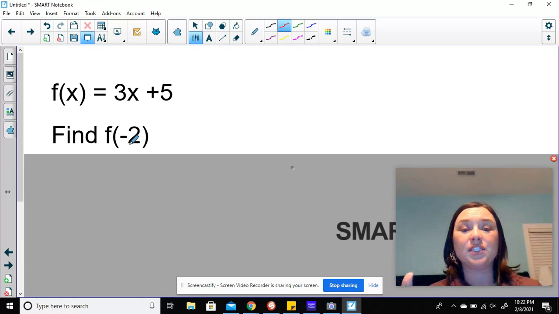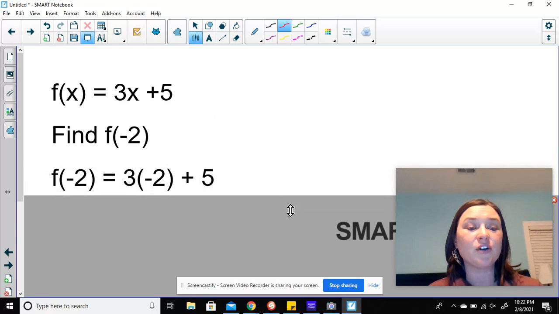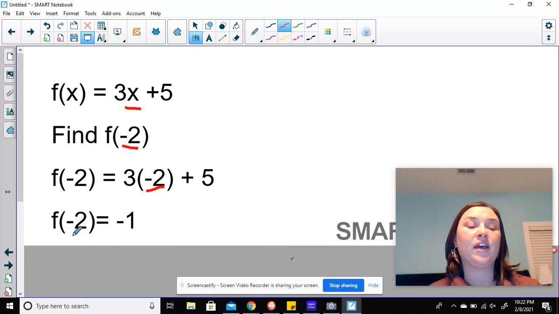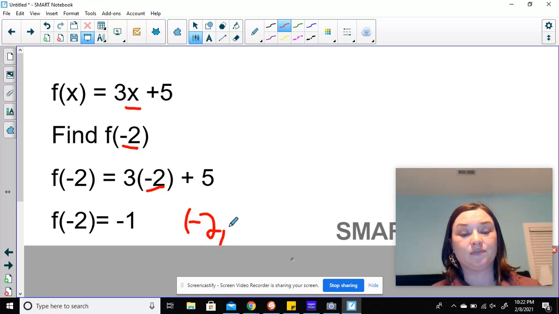So always put it in parentheses when you're putting that negative in your calculator, and you will be allowed to use Desmos. So I'd put negative 2 everywhere I saw an x up here. So 3 times negative 2 is negative 6, plus 5 is negative 1. So f of negative 2 equals negative 1. That means that there's a point on the graph at (-2, -1). That point would be on the graph.